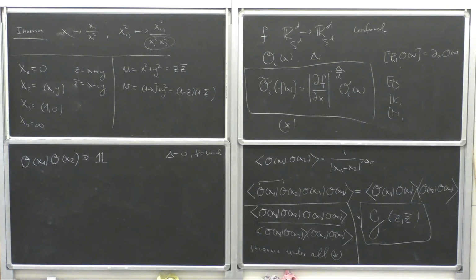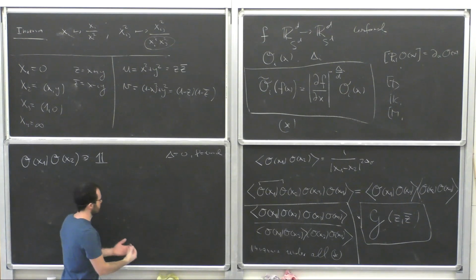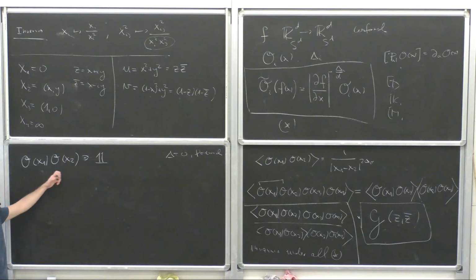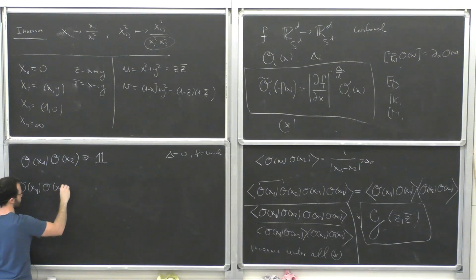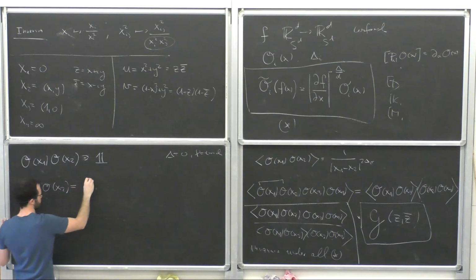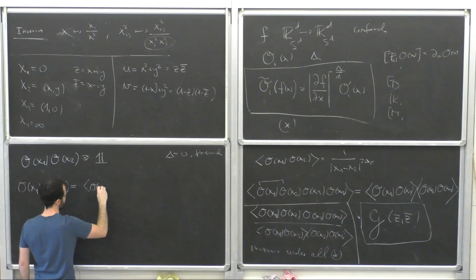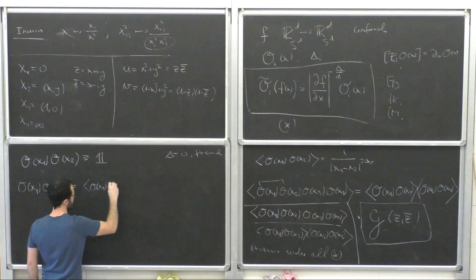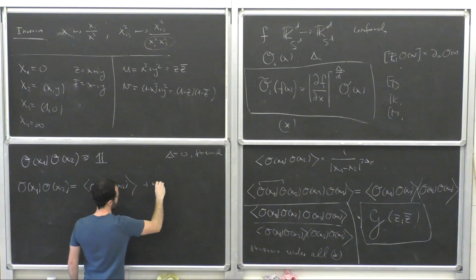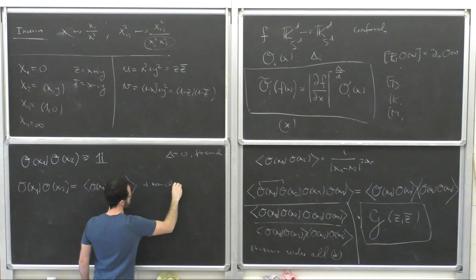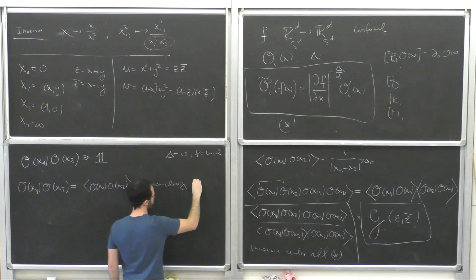The appearance of the identity operator is just the statement that the two operators have a non-zero two-point function. So the contribution of identity is just a number, and is the two-point function of O(x1) O(x2), plus non-identity primaries, or non-trivial primaries.